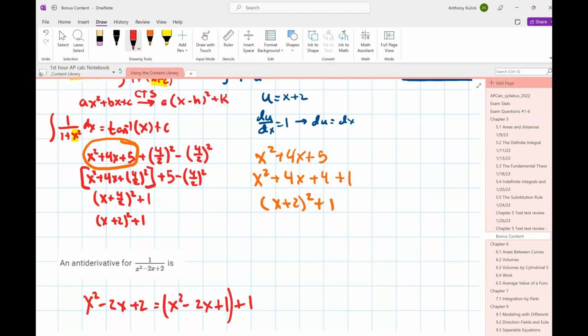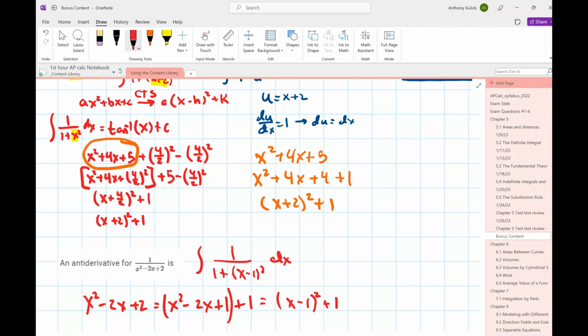So I broke that up into x squared minus 2x plus 1 plus 1. That first trinomial factors to (x minus 1) squared plus 1. So we're basically doing the integral of 1 over 1 plus (x minus 1) squared dx.